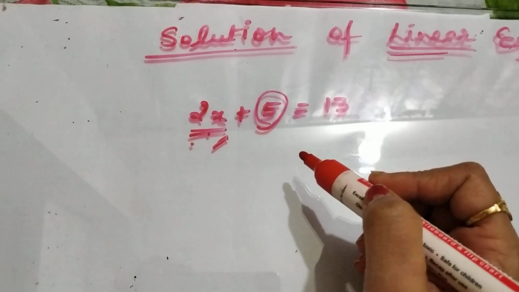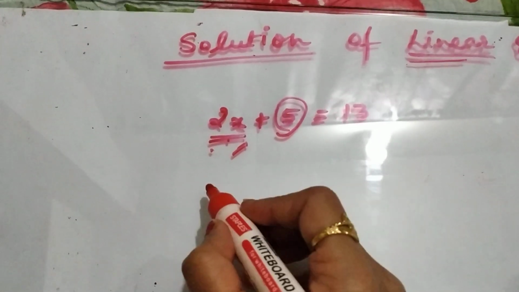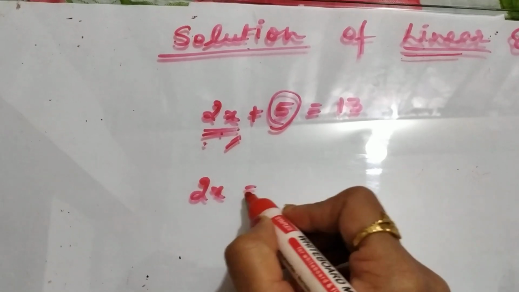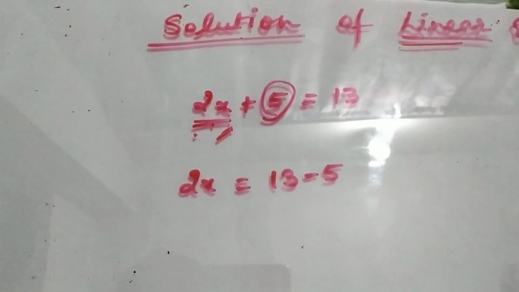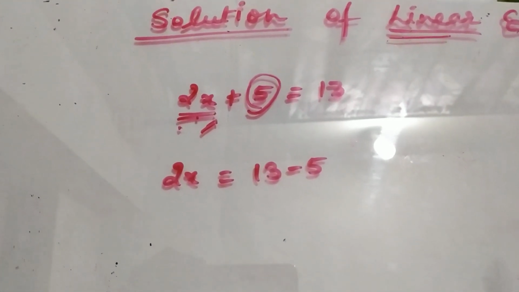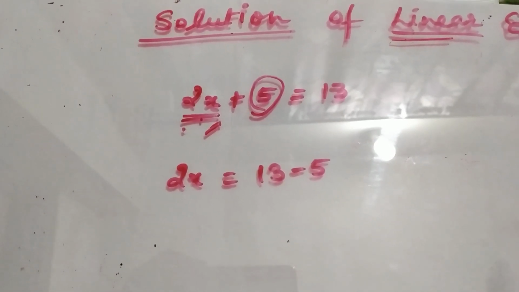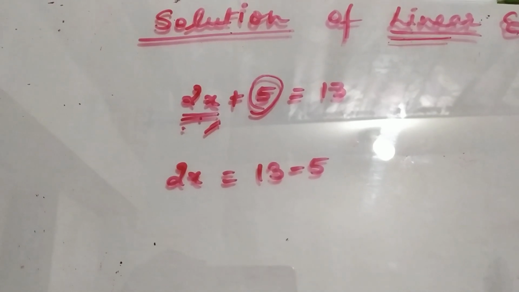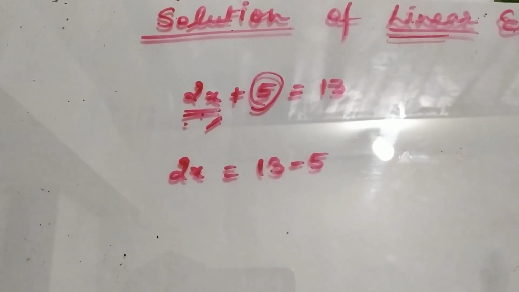So who goes to the other side first? 5. 2x equals 13 minus 5. That means the order in which numbers are read with x, in the opposite order we transpose our numbers.